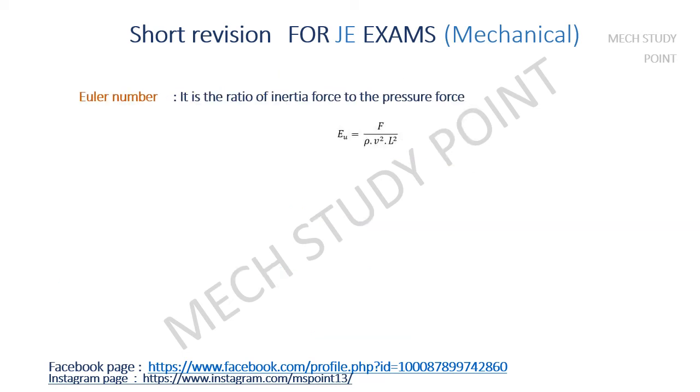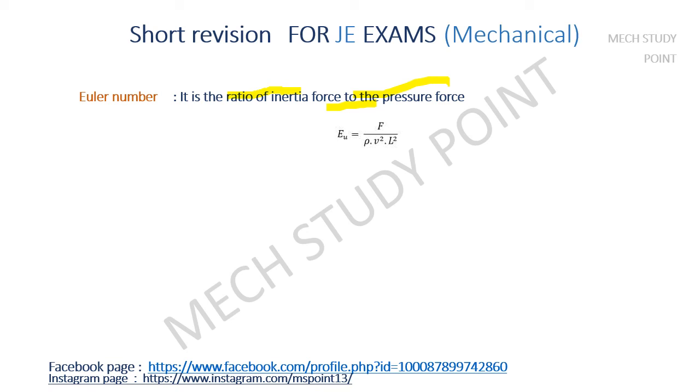So the next number is the Euler number. It is the ratio of inertia force to the pressure force. Euler number is equal to F by rho V square L square. F is the inertia force, which means F is equal to the product of mass and acceleration.